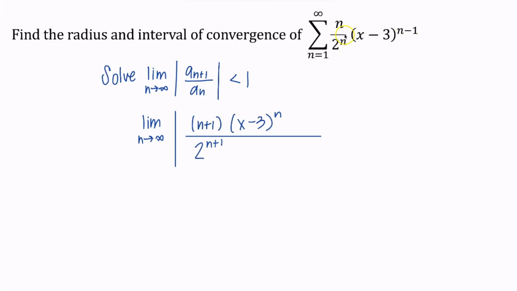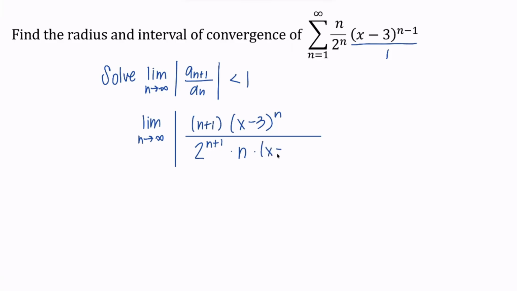So I have replaced each n with an n plus 1, and then we're going to divide by a sub n. So this whole thing is a sub n. If I divide by that, it's like multiplying by the reciprocal. So wherever the terms are, they're going to flip to the opposite side. This n, instead of being in the numerator, is going to be in the denominator. And (x minus 3) to the n minus 1 is technically in the numerator because it's over 1, so that's going to move to the denominator.